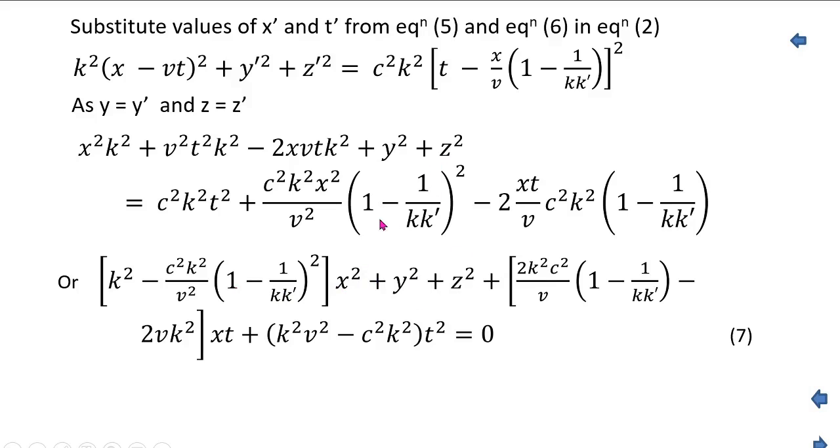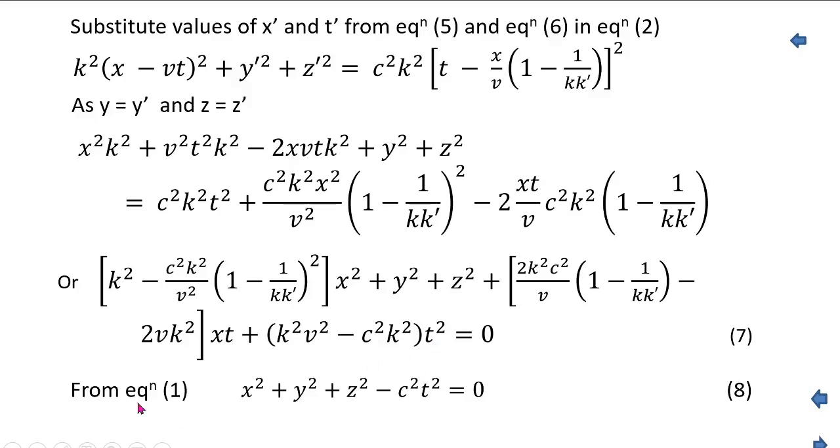Then the xt term: 2 k square c square upon v (1 − 1/k dash) minus 2 v k square into xt. And the t square term: here t square and here t square, taken common, k square v square minus c square k square, this t square taken common is equal to 0.